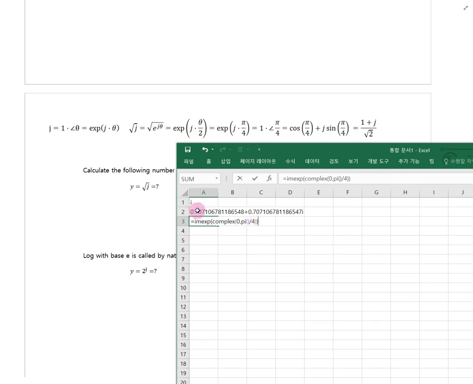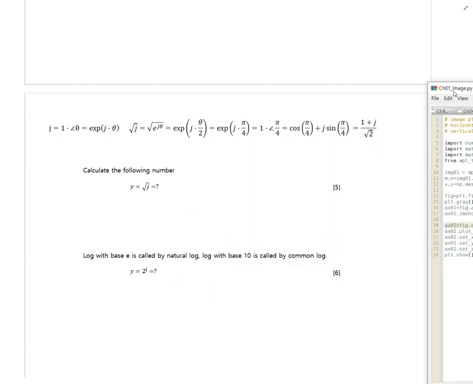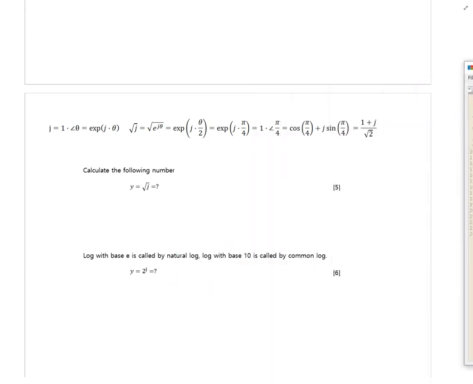That's the same as this one. Okay, you can do this one. So the Euler equation can be implemented in this way: an exponential function, but this number is imaginary, a complex number. That's why I attach im in front of these exponential functions. Anyway, you can try to calculate this one by using Python or Excel. You can try to calculate, but the more important thing is to understand how to handle the complex exponent.